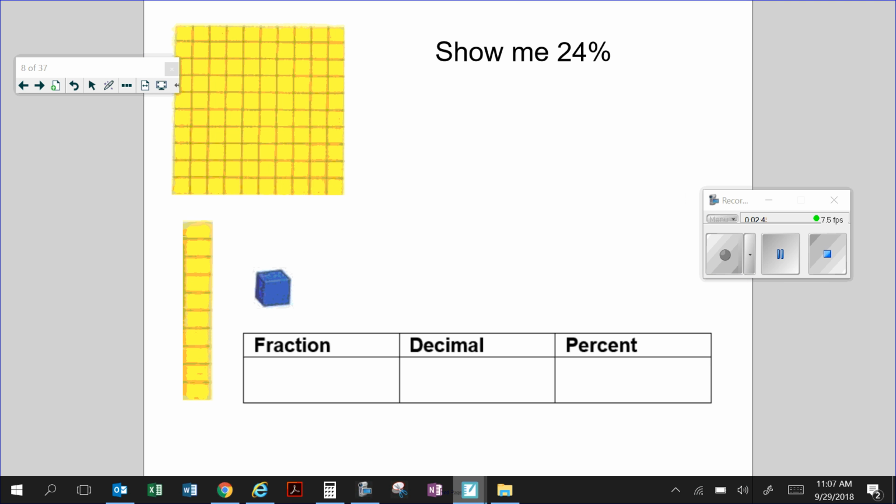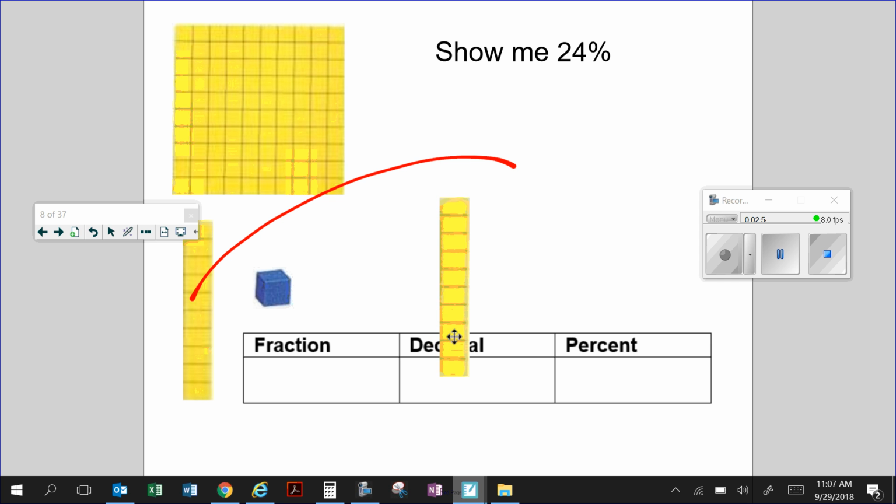So let's practice some more. Show me 24%. So 10, 20, 21, 22, 23, 24. So our percent is 24%.